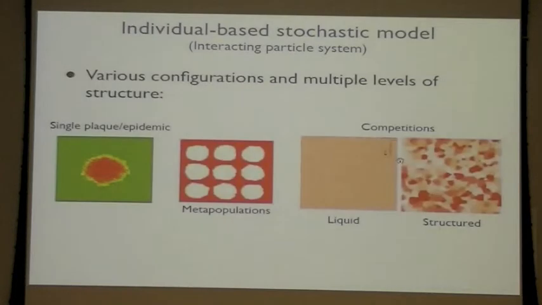The other cool thing about the model was that we can have different starting configurations and different levels of structure. So at the simple end, the simplest simulation is the single plaque or epidemic simulation that you saw earlier that Steve talked about, where you just have a single starting infected cell or a single phage, and then that spreads in a roughly circular manner to form a simulated plaque.